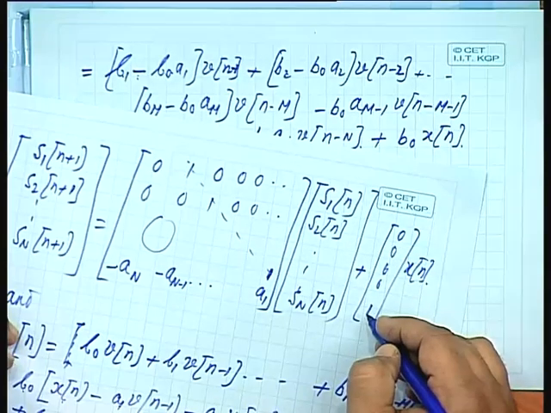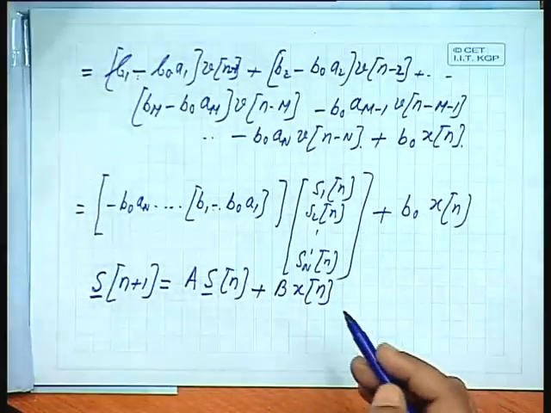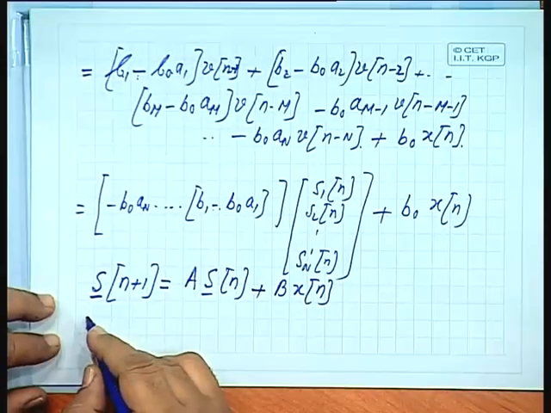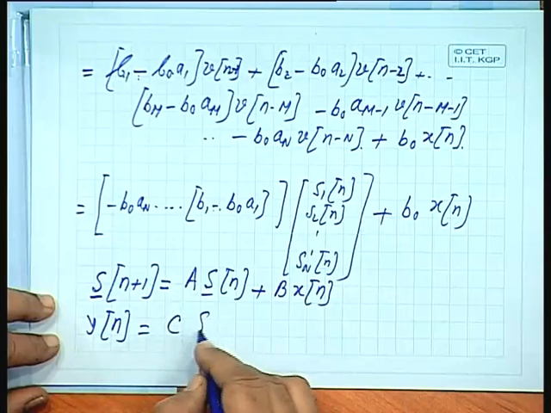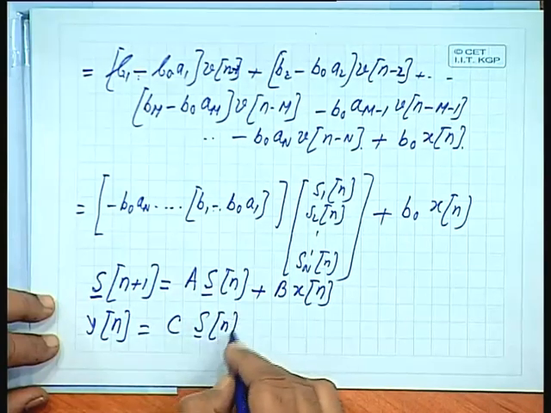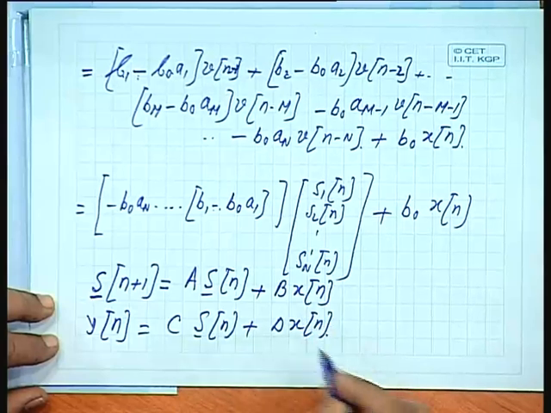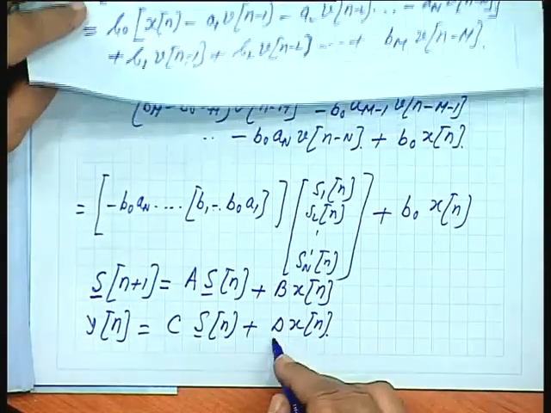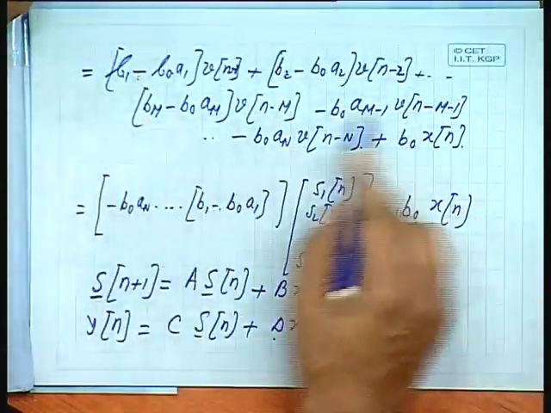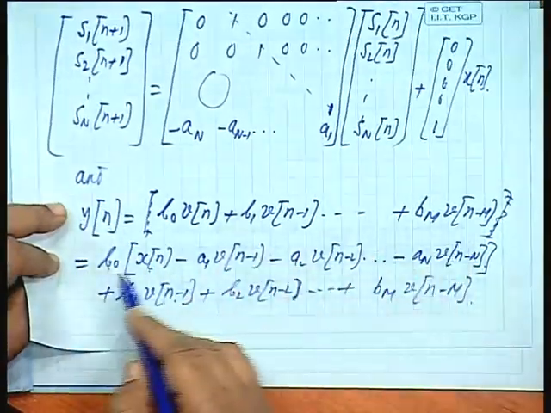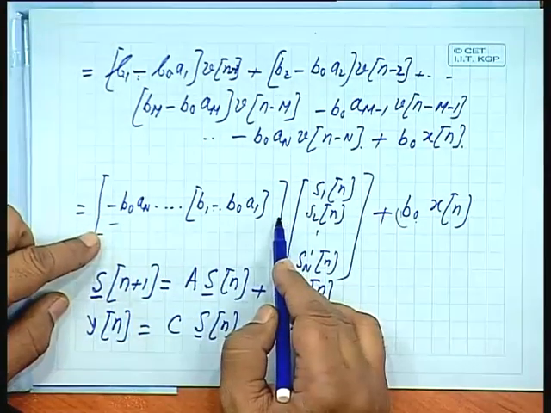B is this, A is this, and y n is equal to C into S n plus D into x n. So, D is this single element, because this is y n, and C is this row.